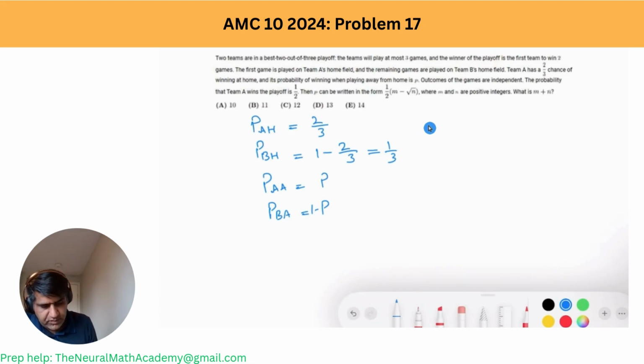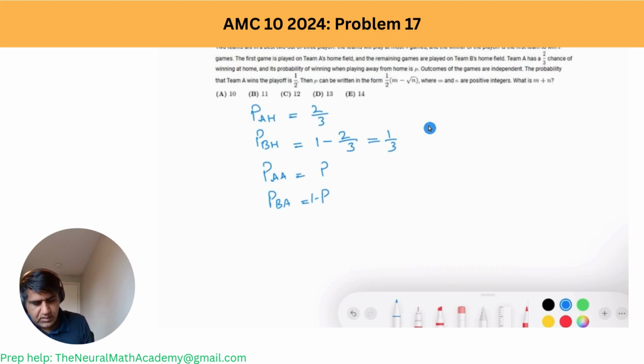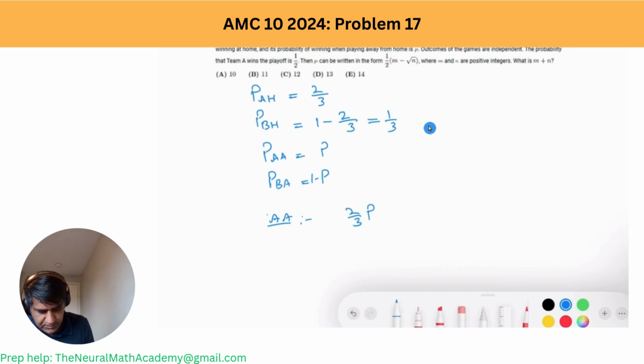So now there are 3 possibilities that we have, based on the description that we are given. One possibility is that Team A wins the first 2 games. In this case, the probability would be 2 by 3 P. The second case is Team A wins the first game, then Team B wins, and then Team A wins the third game.